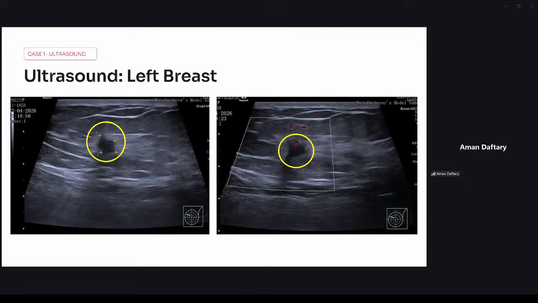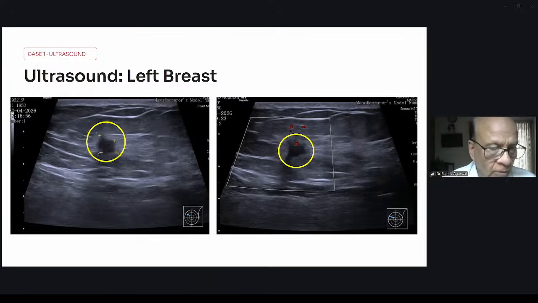It's not very sensitive, but if there is grossly abnormal cortical thickening, you can say that there's a possibility of nodal spread. The possibility, not sure. And then if you require, you can biopsy it or not. That depends on what your management is going to be like. Yes, absolutely, Dr. Aman. The ultrasound was normal as far as the nodes were concerned. No significant lymphadenopathy on either side.